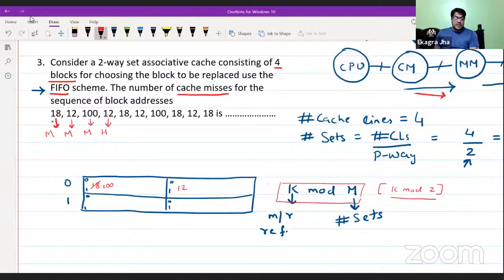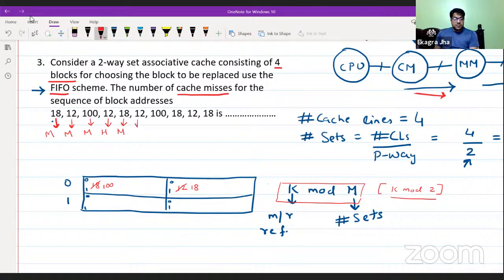Okay, next time 18, 18 is not present in here, hence it is certainly a miss operation, but 18 is going to override some of the items here. So among 100 and 12, 12 comes first, or the timestamp of 12 is the longer one, so 18 is going to overwrite 12. Fine.